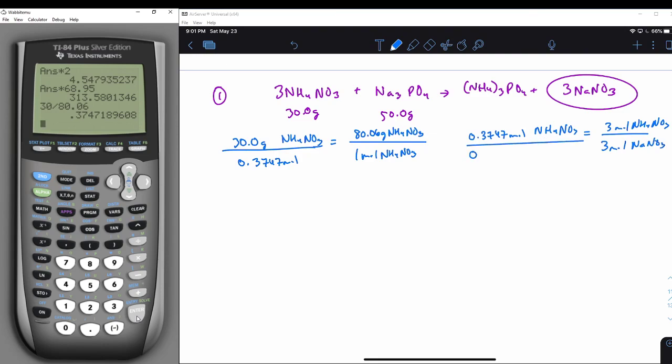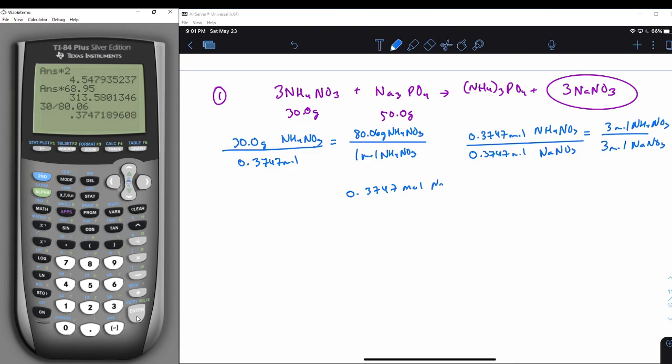So it's the same amount, 0.3747 moles. Oh sorry, NaNO3. I misspoke, I just copied the top one.